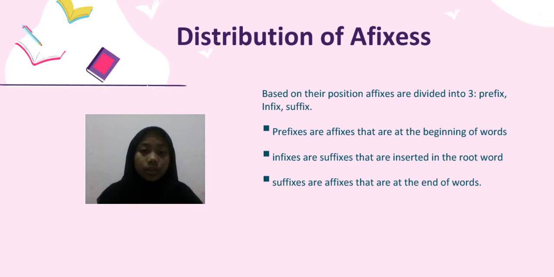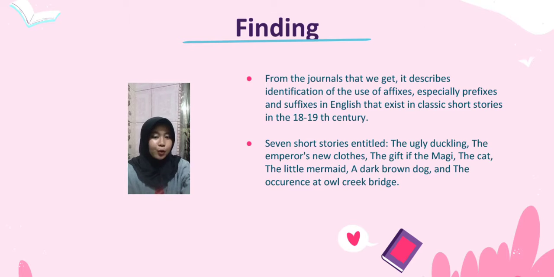From the journal that we got, it describes the identification of the use of affixes, especially prefix and suffix, in English in classic short stories from the 18th until the 19th century.